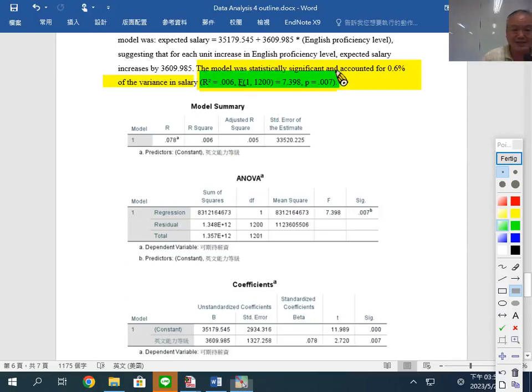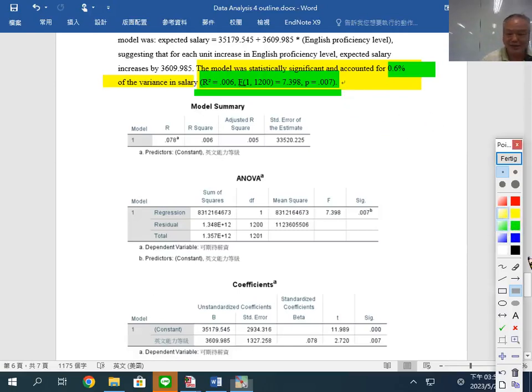The model was statistically significant and accounted for only 0.6% of the variance in salary. It's not big, but if you look at this, 0.007 is significant, right? But now we need to know where the number is. Okay, let's try to identify it.